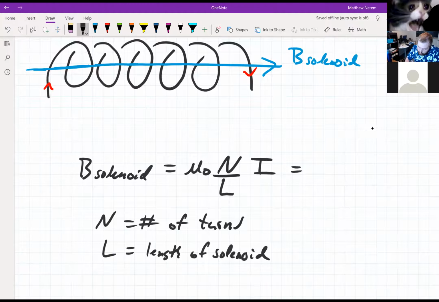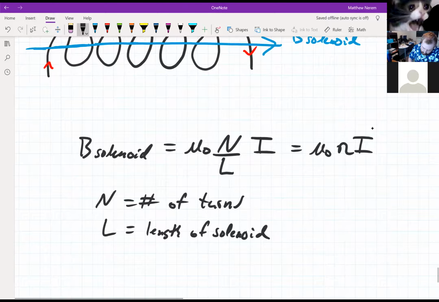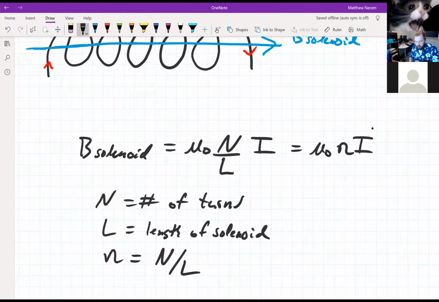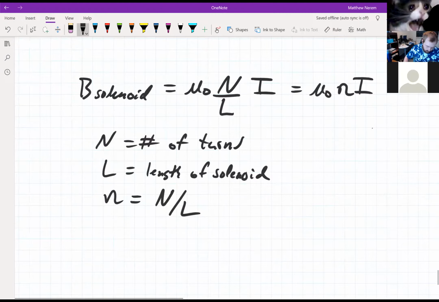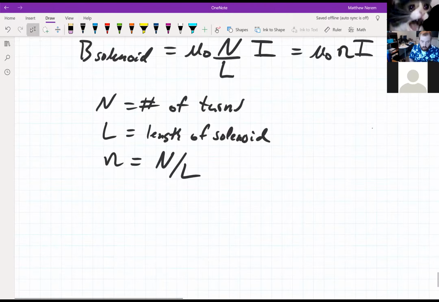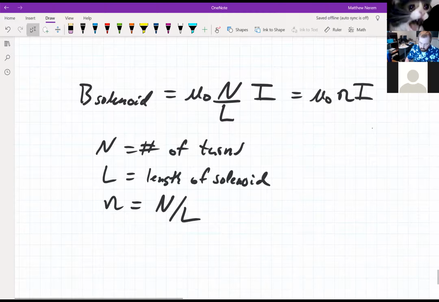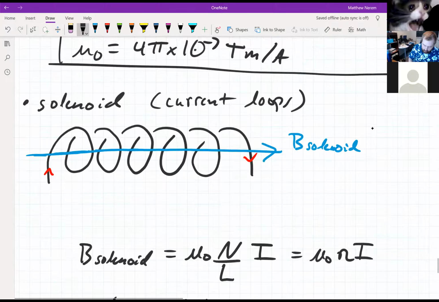Most common way that you'll see this expression written is mu naught little n I. And the little n is just the ratio N over L. It's the physical length, in meters.